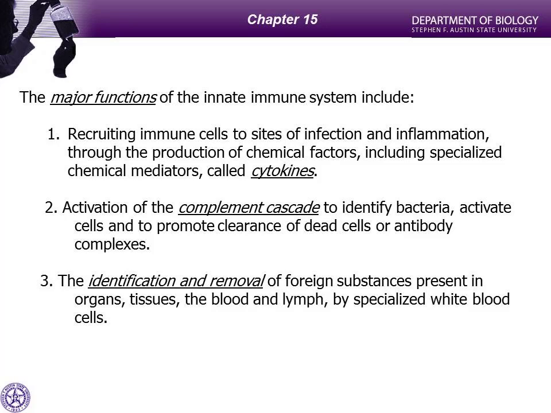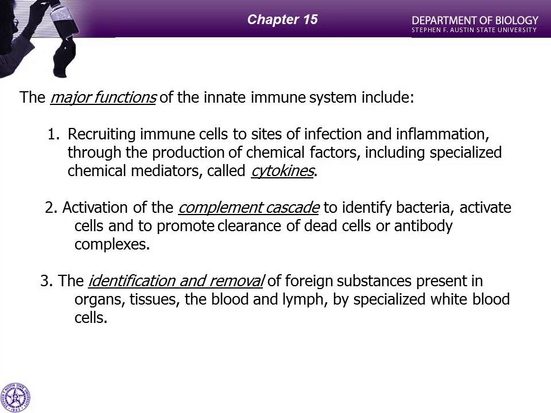Now, our white blood cells are also very good, along with our antibodies, again in a non-specific way, of activating what is called the complement cascade. Has anyone heard of the complement cascade? That's one of these immune system things that I never had heard about until I took this class a long time ago. These are proteins that exist in the plasma, much like our clotting factors.